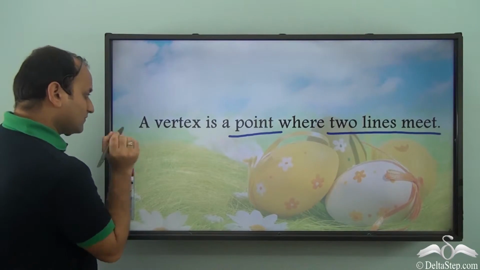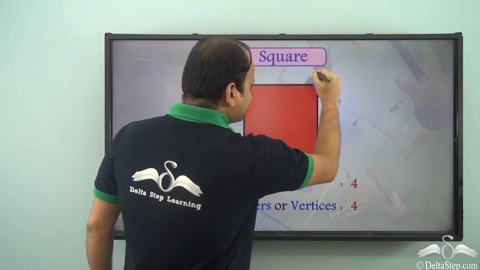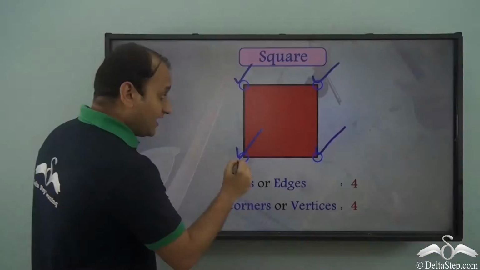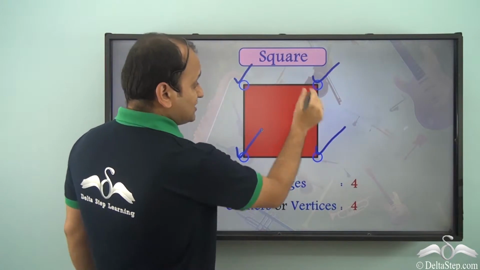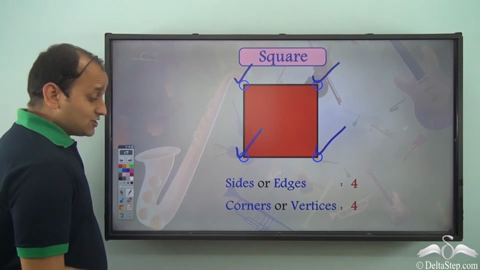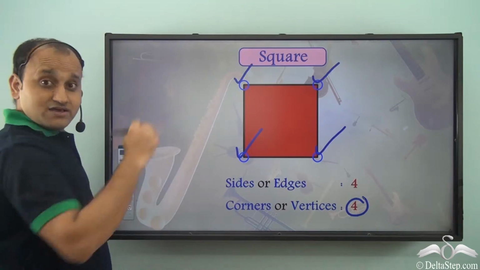So in the case of square, we have this point, this point, this point, and this point where 2 lines meet. So in total we have 4 vertices. So we have 4 vertices or corners in a square.